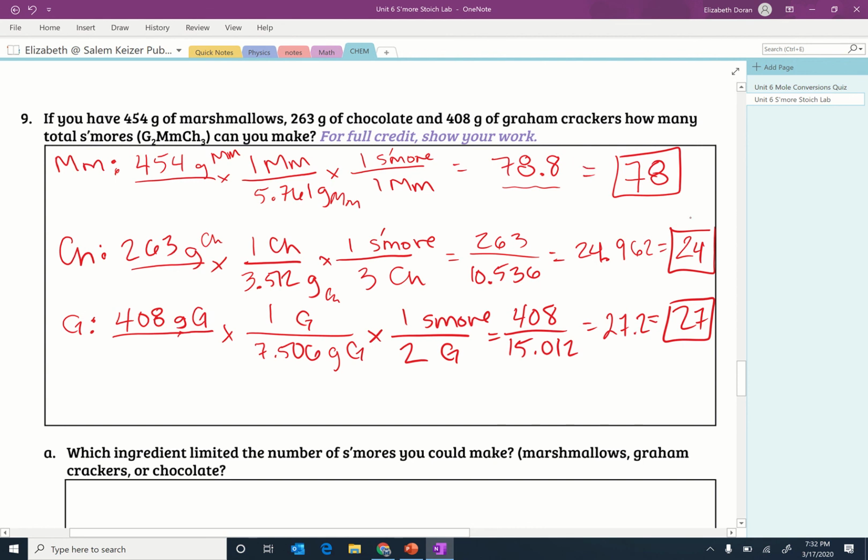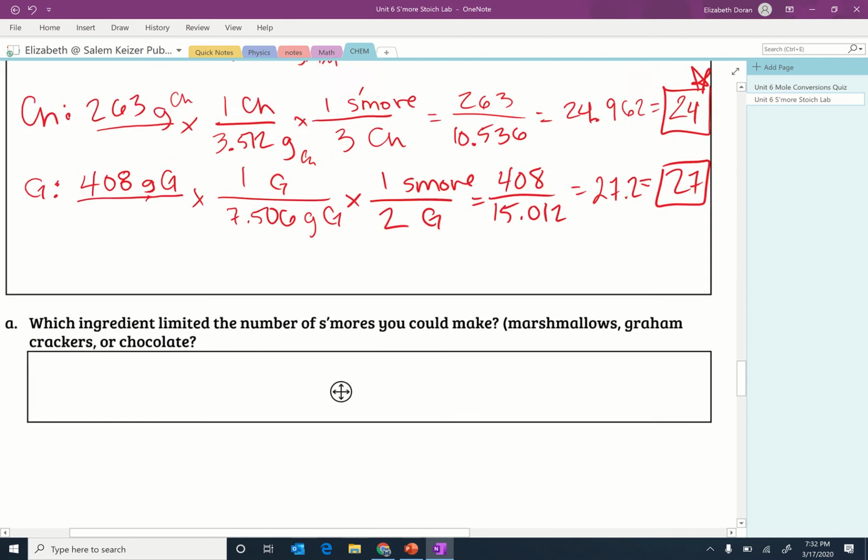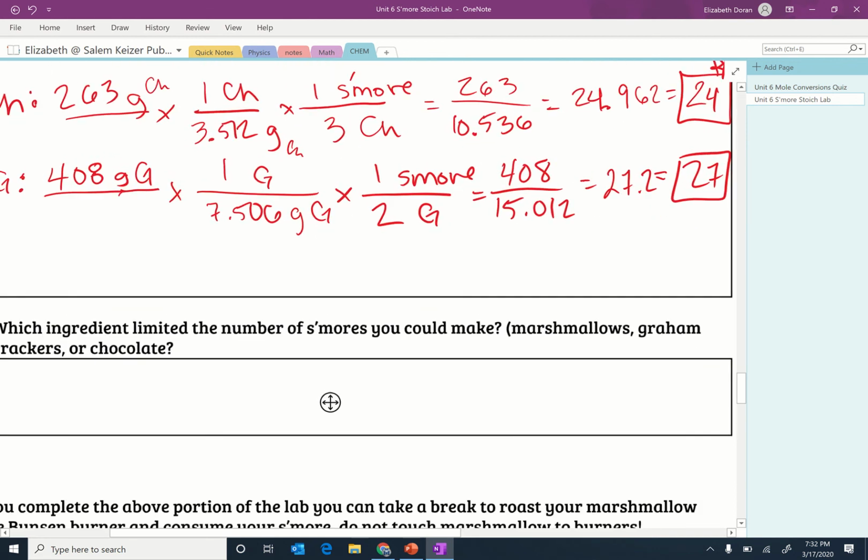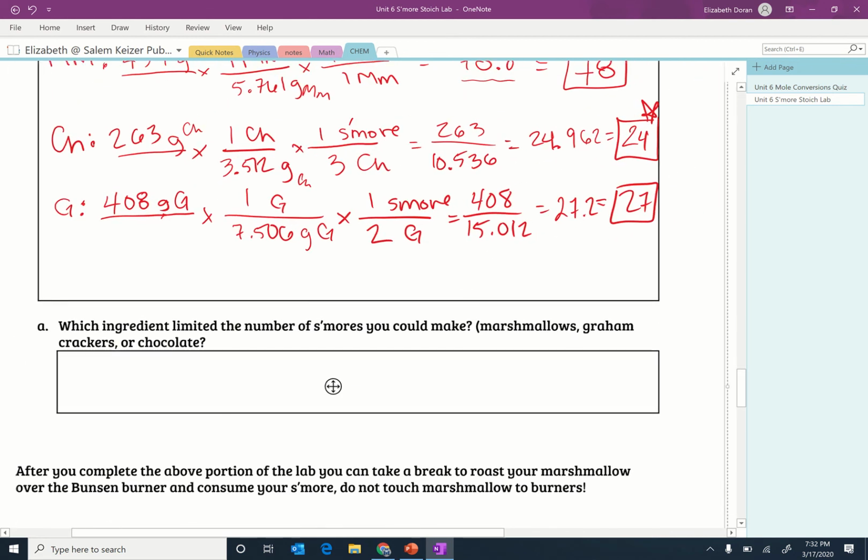Okay, so this is going to limit the number of s'mores that we can make. We can only make 24 s'mores. After that, we run out of chocolate. Okay, so after we make 24 s'mores, we run out of chocolate.